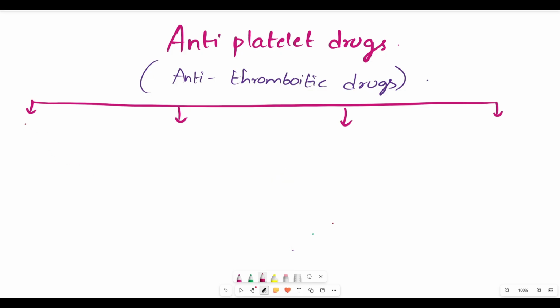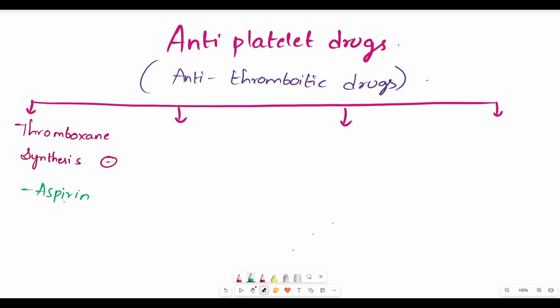So class 1 is called thromboxane synthesis inhibitors. There is only one simple drug, that is aspirin.